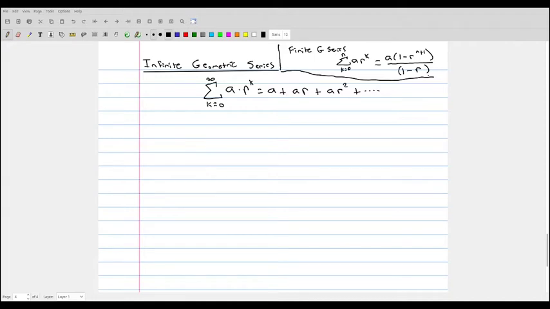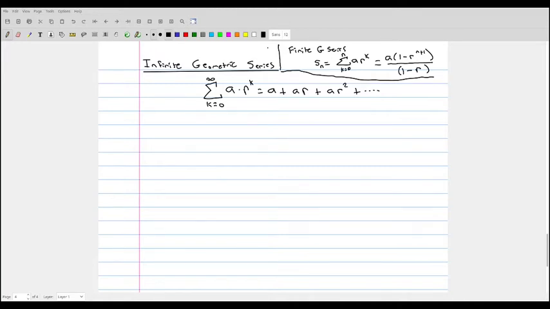And the idea here is that this is exactly how we get our sequence of partial sums for the infinite geometric series. So the sequence of partial sums for the infinite geometric series can be directly obtained using this closed form formula for this sum right here.